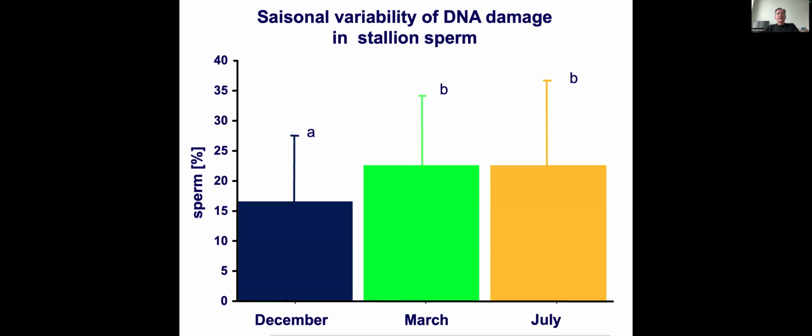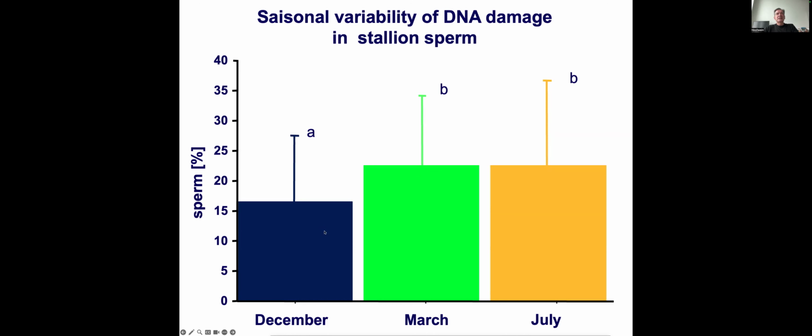In another study, we examined the seasonal variability of the DNA damage in stallion sperm. This study was done in Germany. And you see here the percentage of sperm with a DNA damage. It was lower in December compared to March and July.